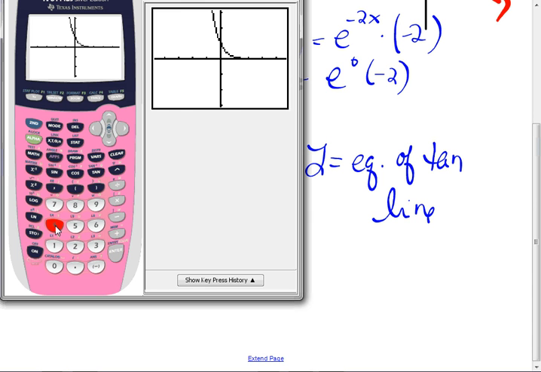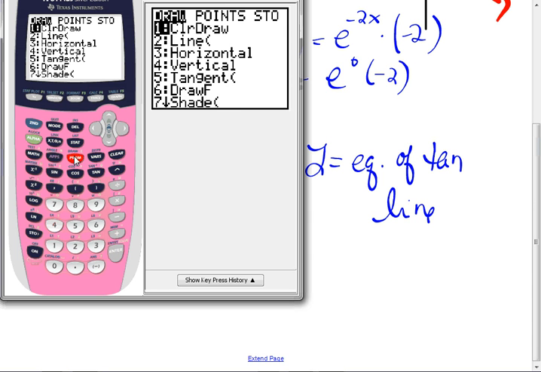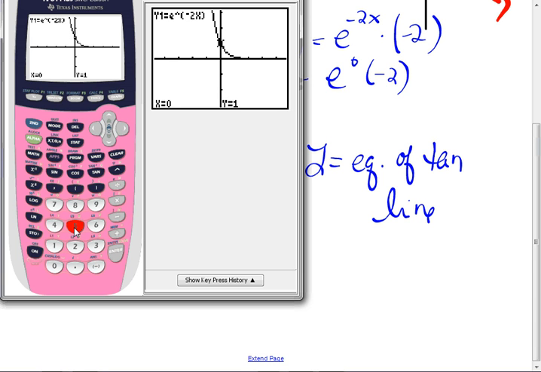So we go through second, draw, tangent line. I'm at 0, but if I didn't, I think I can type it in. So let's say I wanted it at 1. I could just type in 1. And there it is. Y equals negative 2x plus 1.